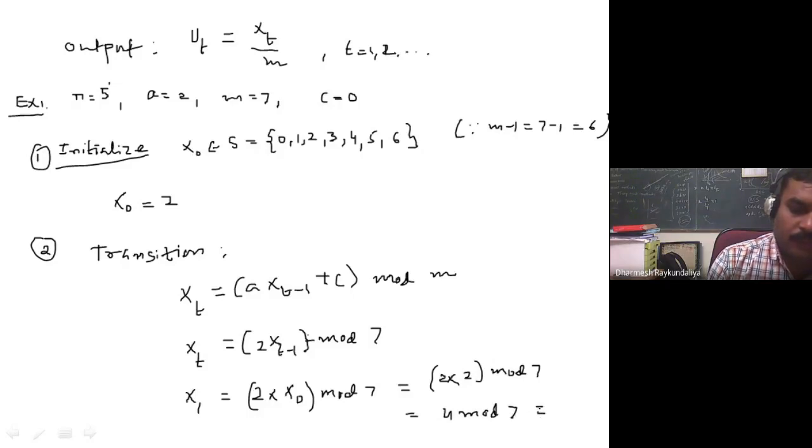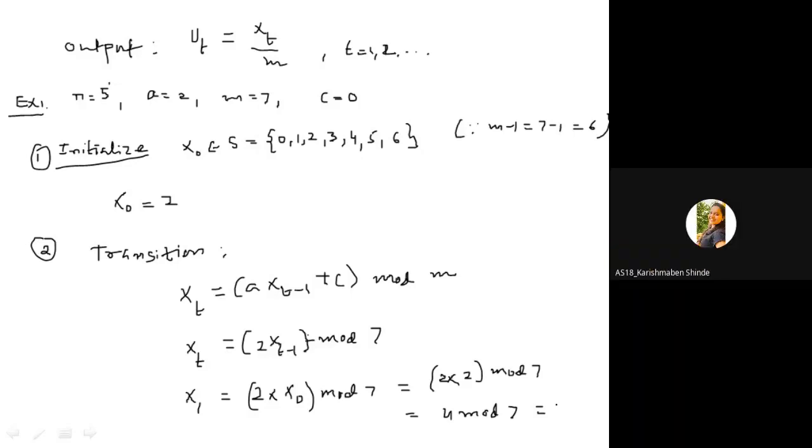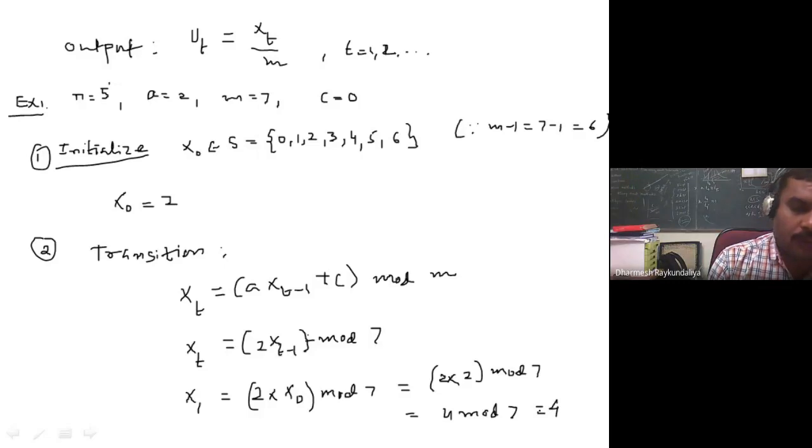What is the answer? Can you divide 4 by 7? Am I audible? Yes, sir. So the answer is 4. We cannot divide 4 by 7, so the remainder is 4. So your x1 is 4.